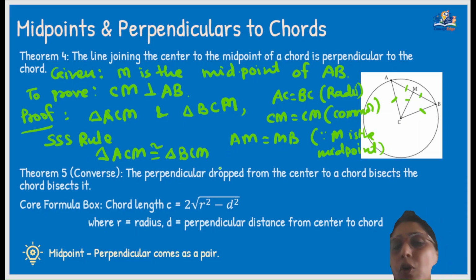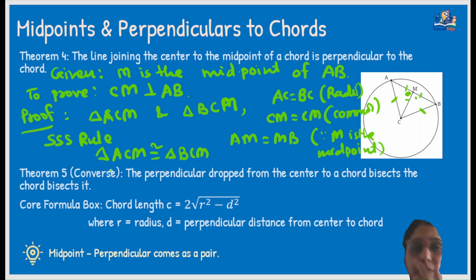Therefore, by CPCT, the corresponding angles AMC and BMC are congruent, but they are a linear pair, so they are also 90 degrees. Hence CM is perpendicular to AB.